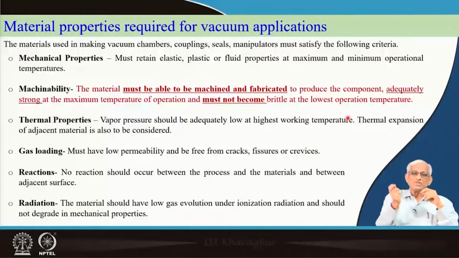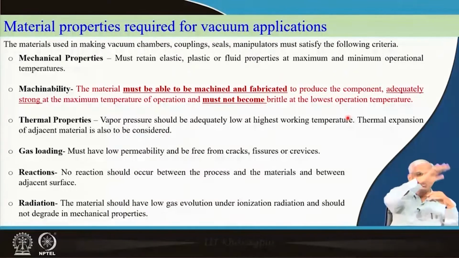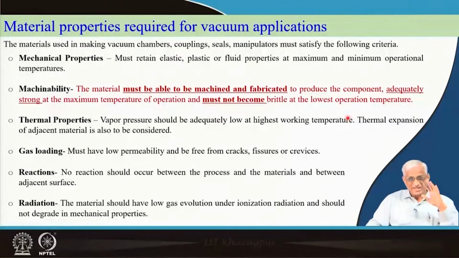That means, if some atom is trying to move, how much area it is going to cover, that area may not be the apparent area. What we see with our eye is the apparent area. So, the more you polish, the better quality you will get with respect to vacuum, because the area available for degassing is less.